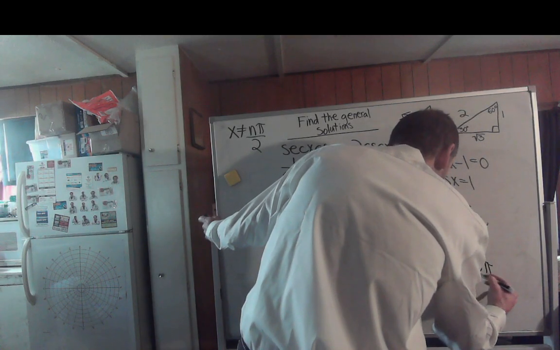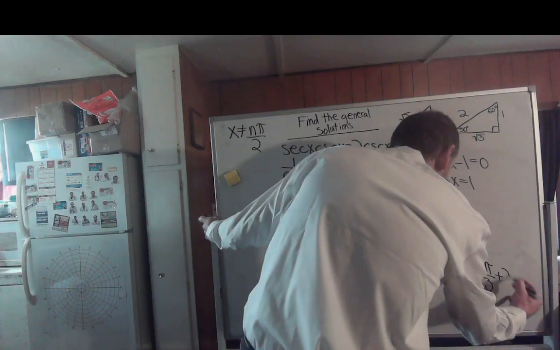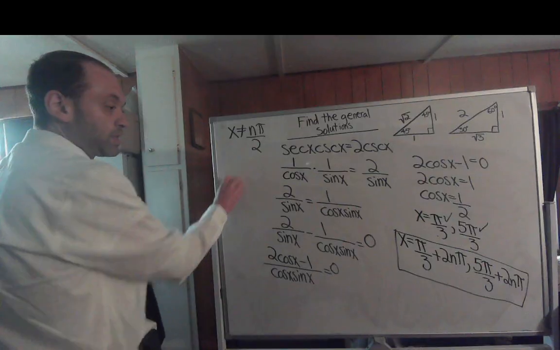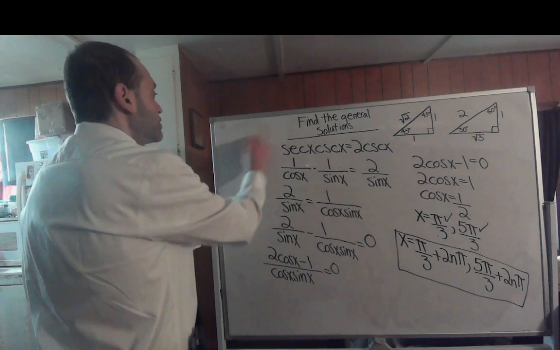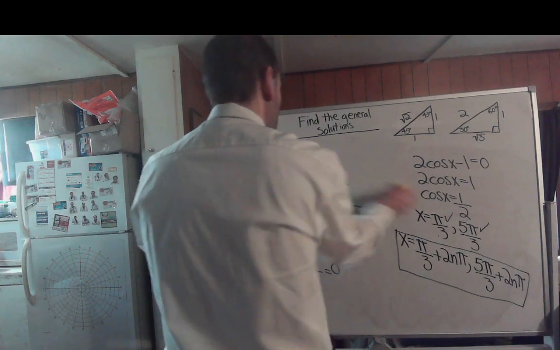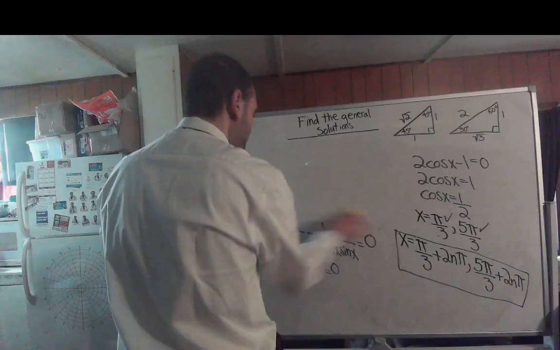And then you'd also have 5 pi over 3 plus 2n pi. So both of our actual solutions checked out very nicely. 2 more. I'm going to do them in this style, because I think we get the quadratics pretty well.